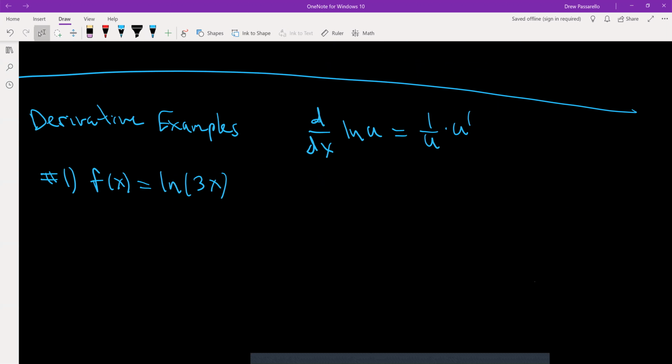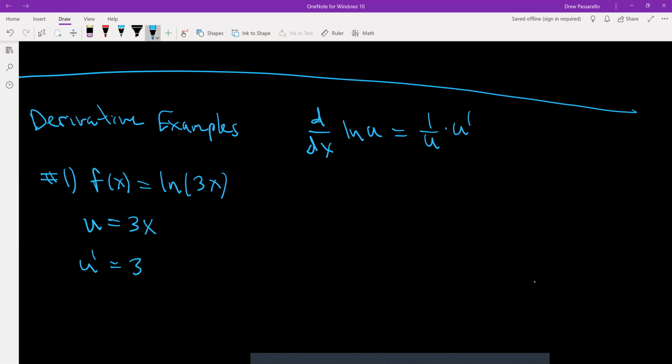And so in this case, u is what's inside of the natural log, the 3x. So u is 3x. That means u prime, the derivative of 3x, is 3, because the derivative of x is 1, so it's 3 times 1.